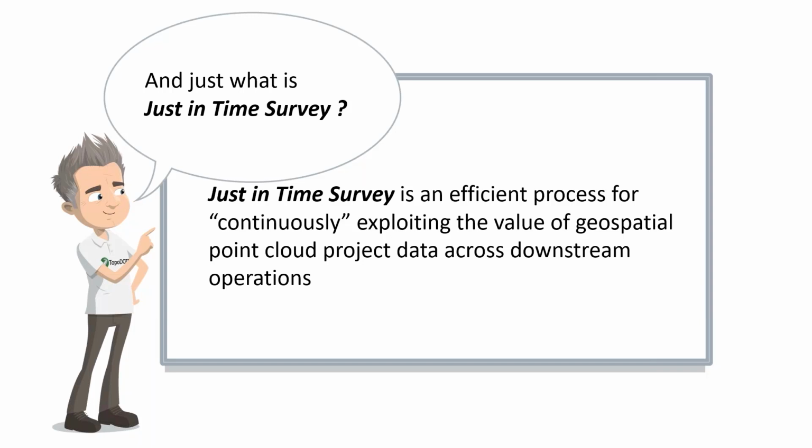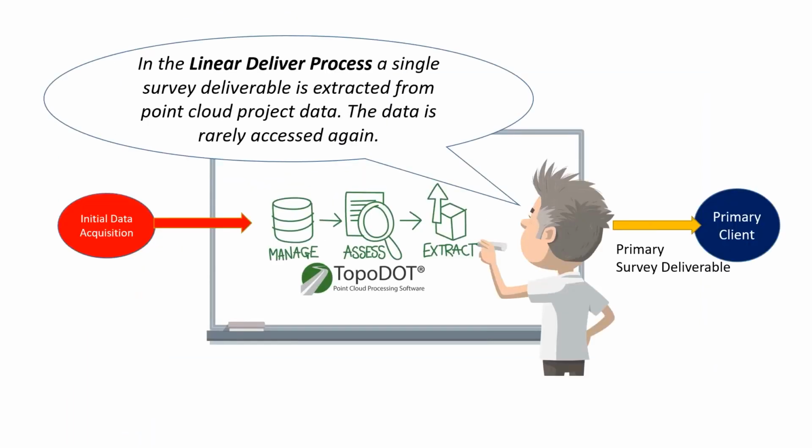And again, Just-in-Time Survey by itself is not a product. It's a process, which is comprised of the components that we're going to talk about here. To do this, we really want to start with the linear delivery process, because that is where 80–90% of the projects are now. So what is the linear delivery process?